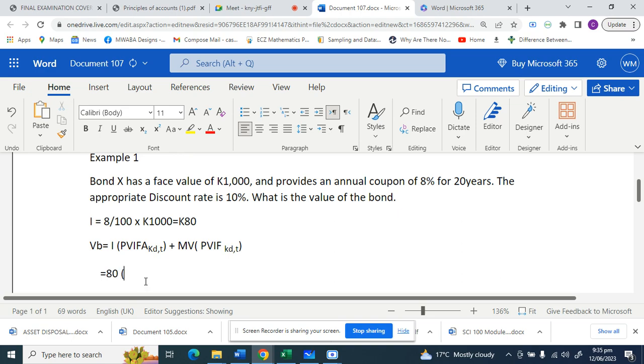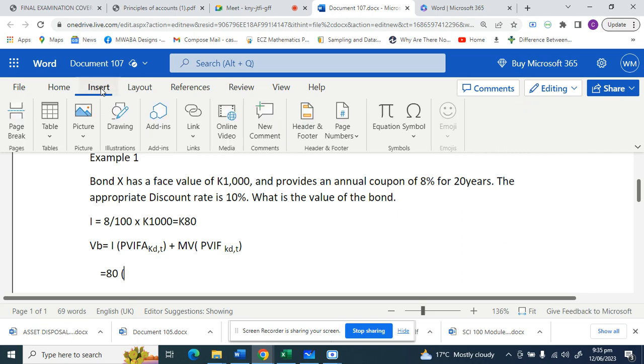First let's put in the formula for the present value of an ordinary annuity. Does anyone remember the formula for the present value of an ordinary annuity?